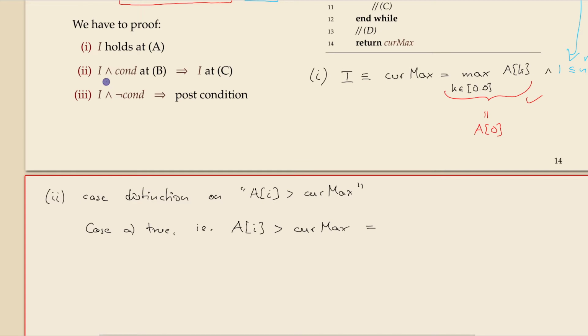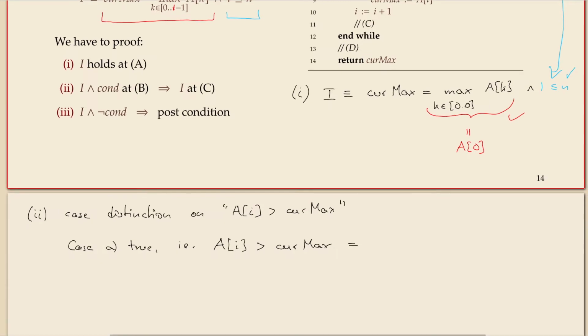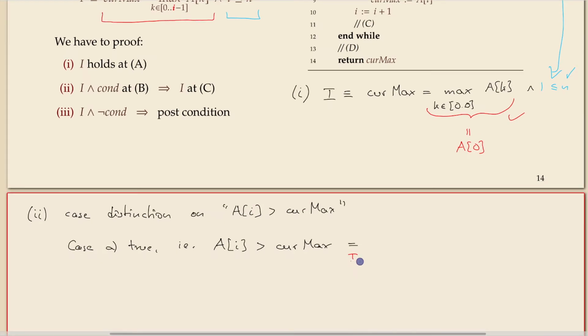In particular, we know that at the position B in the code, here, the invariant was true. And conveniently, that's just before where we are in the code now, if we're looking at this if. So using the red part of the loop invariant, we can use what we know about current max.